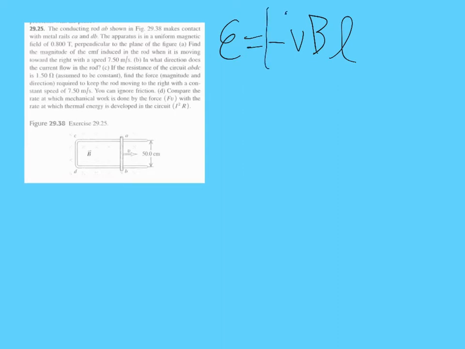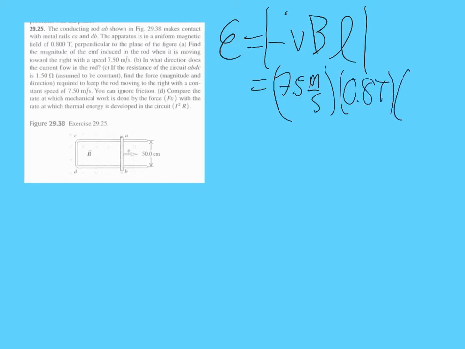Really, it's going to be the absolute value of that. So it's going to be just the 7.5 meters per second. And it's going to be the 0.8 Tesla. And then it's going to be the length of it. They give us 50 centimeters, but it's 0.5 meters.